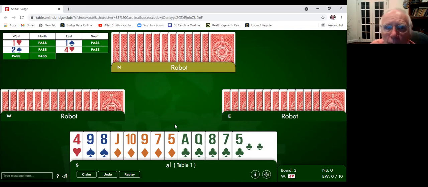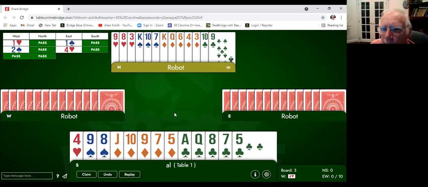So our partner is going to make the opening lead because this is going to be against the heart contract. So let's take a look at both of those hands so we can see what the situation is, what logic our partner is going through.